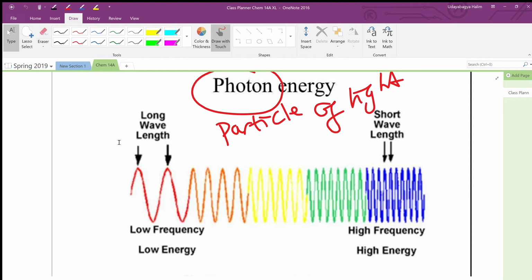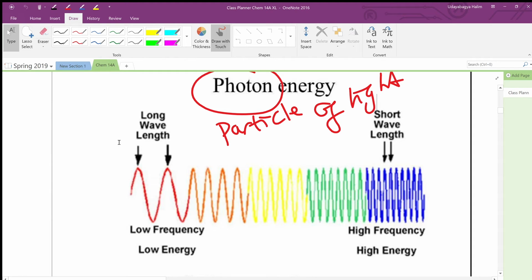Yes, they literally oscillate in space for longer. So if you have things like radio waves, they oscillate about 1 meter or something like that.